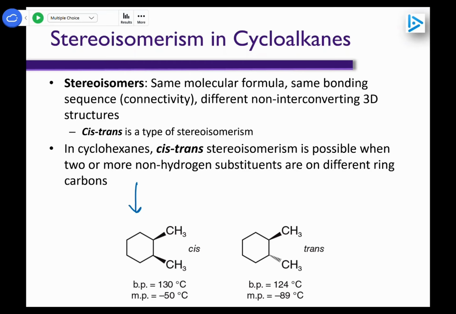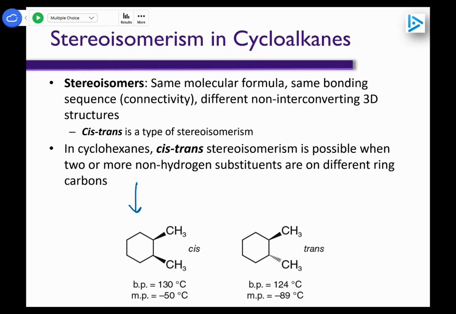So we could draw it like this, even though we know it's actually in a chair conformation. We could pretend to ignore that, even though it does exist that way. But we could draw it as you see projected here. Notice that chair conformation looks flat when you're just looking on a paper like this, but remember it's still a chair. If one of them is up and the other one is relatively up, we could squish it down and see they're both popping towards us.